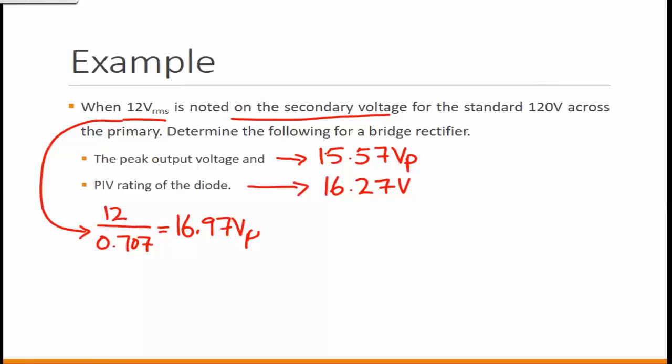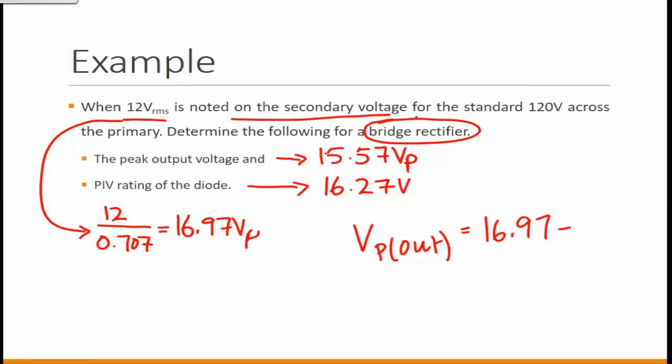So this one, the bridge rectifier, is asking for peak output voltage. So it's whatever the peak secondary voltage is and you take away 1.4 from it.